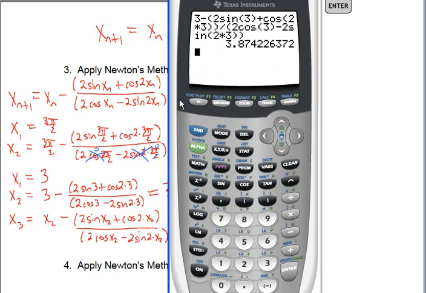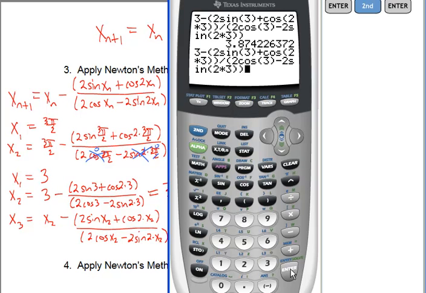So if I do second entry, and I'm just going to go back here and change all these 3's to ANS.